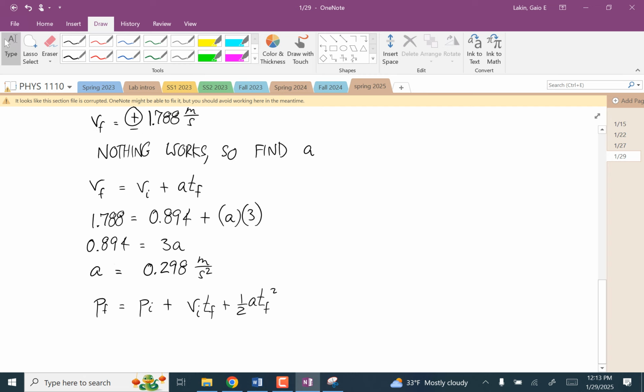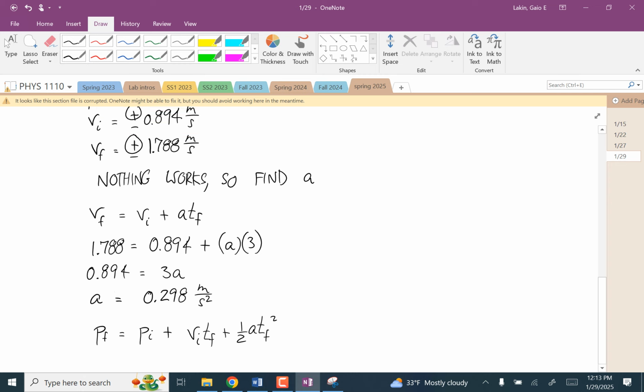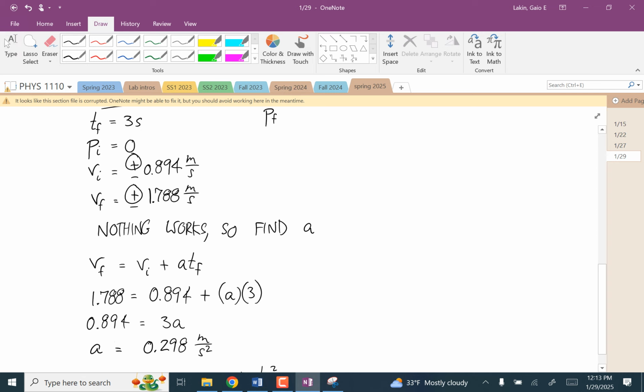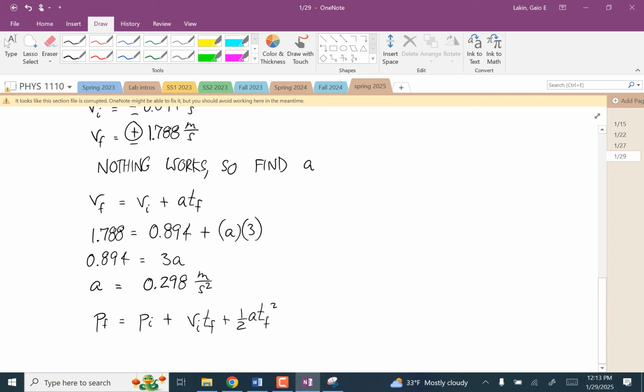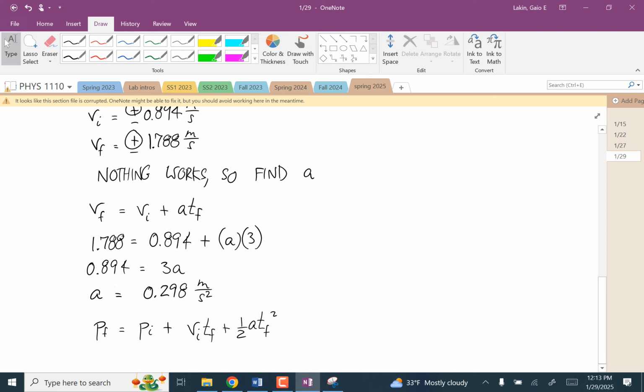And now, we can check it. We're looking for P final, and it's in here. And then everything else, P initial, we know. V initial, we know. Time final, we know. Acceleration, we know. So this equation will work.